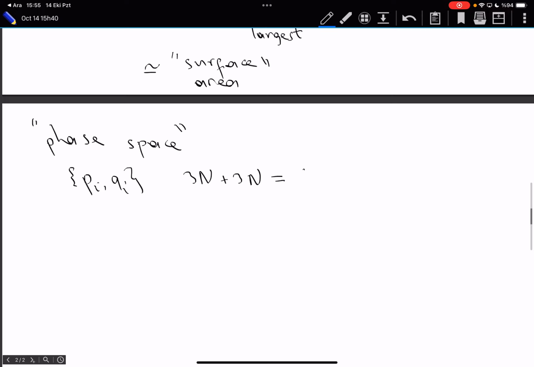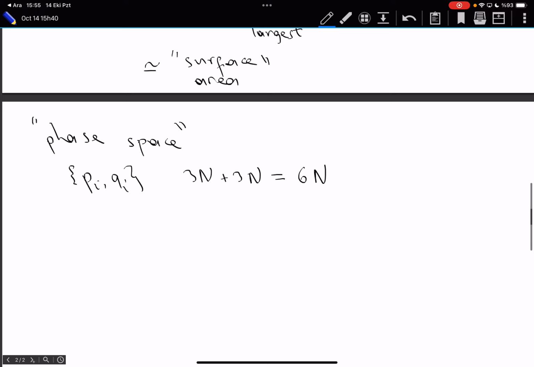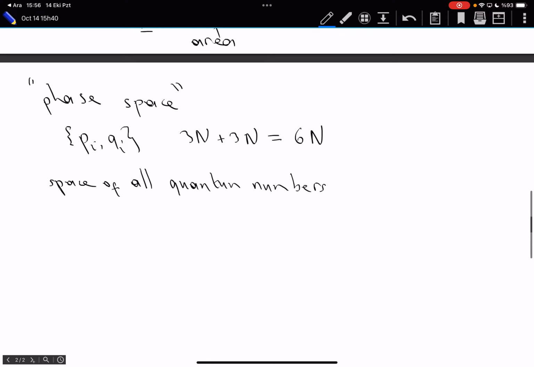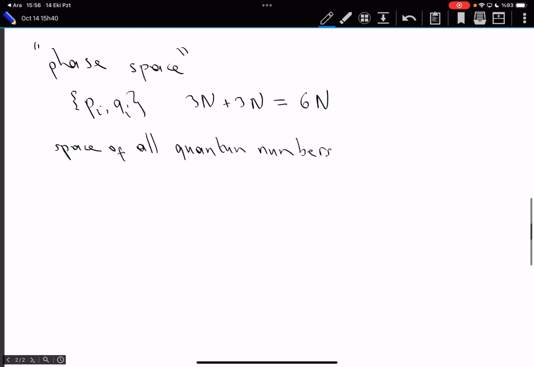And so our phase space will be 6n dimensional. In a vague sense, we can still call the phase space the space of all quantum numbers specifying the microstate of a system.